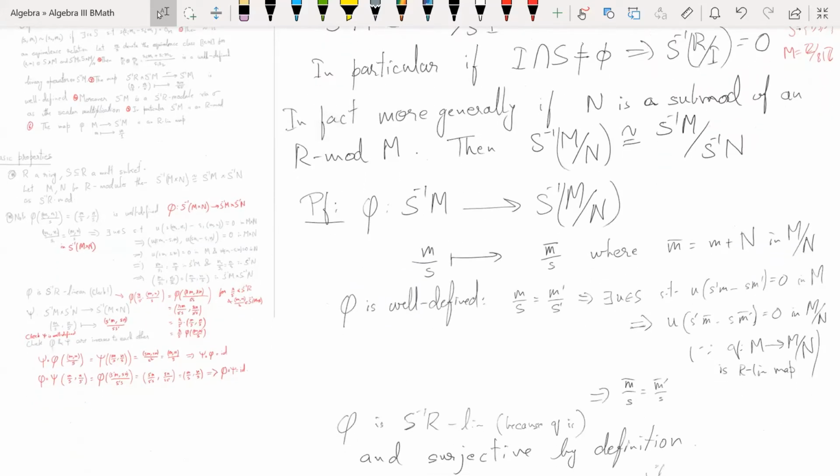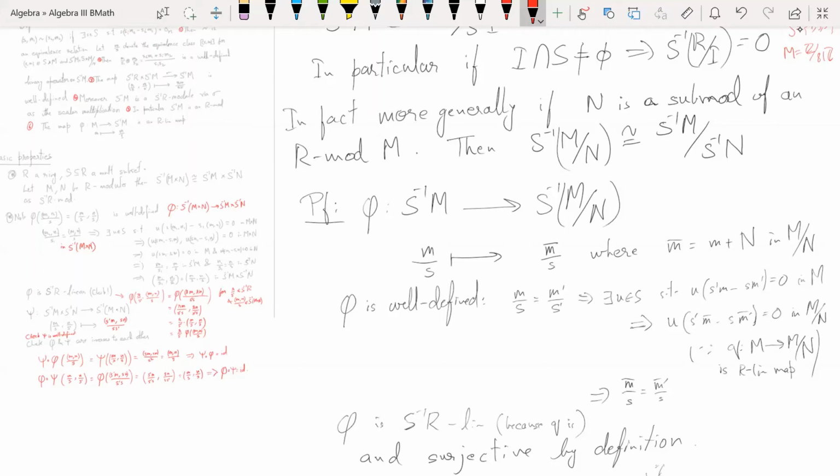There are various things in this statement. First of all, this also tells us that S inverse N is a submodule of S inverse M, and one has to check that as well. Then one has to show that these two modules are isomorphic.